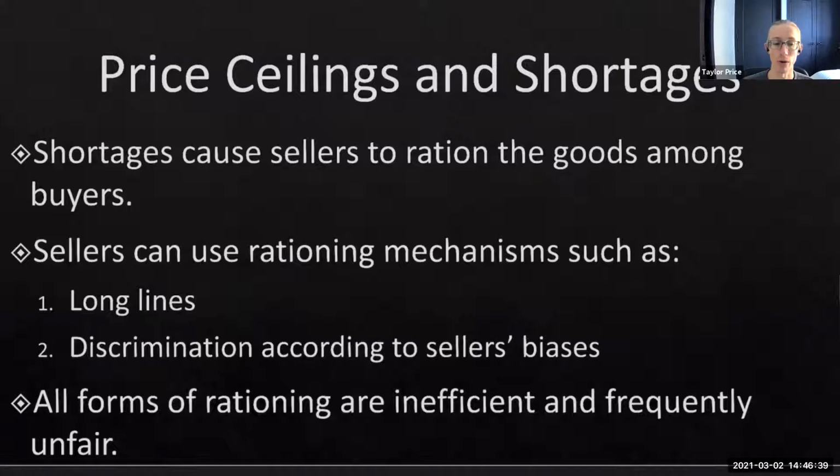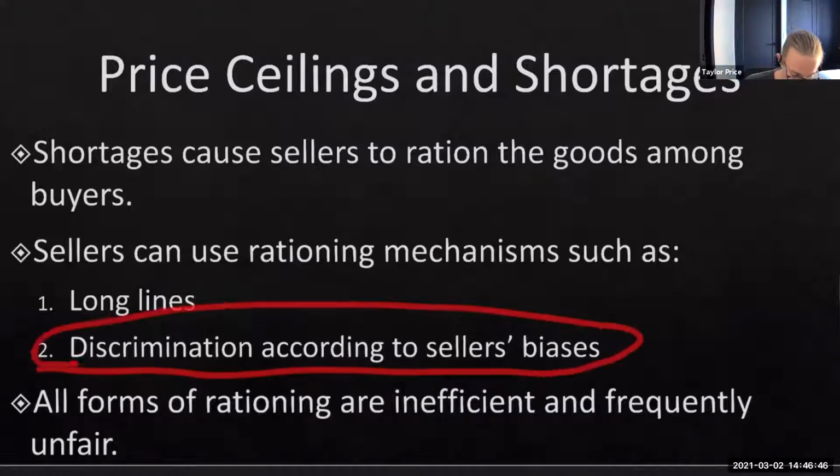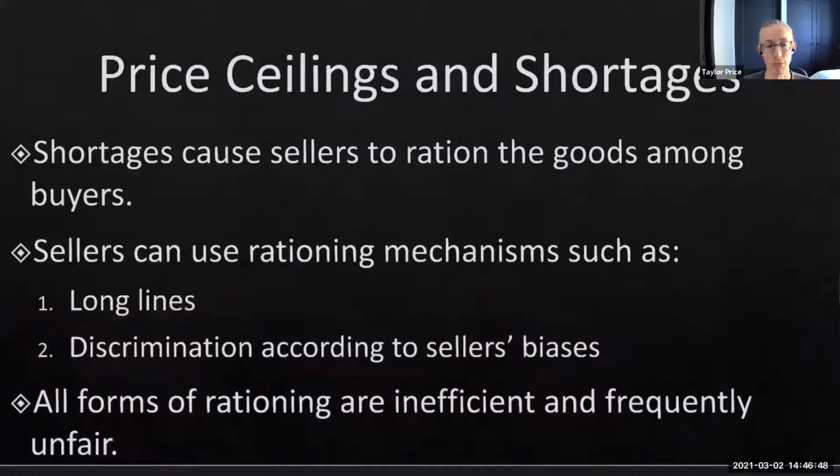The other mechanism, and this one is much more insidious, is discrimination according to the seller's biases. This is more common among apartment rentals. For example, if a seller says, I don't want to rent an apartment to anyone that has short hair, that could be something they could do.